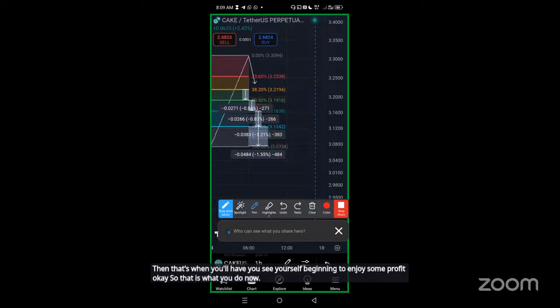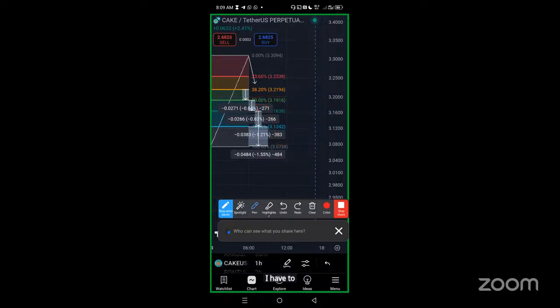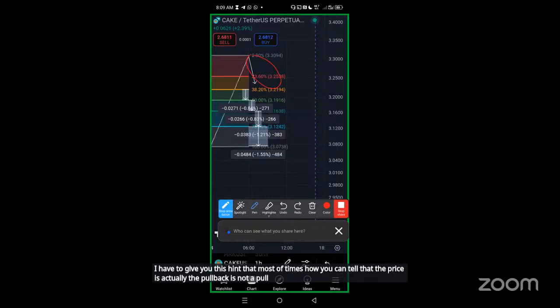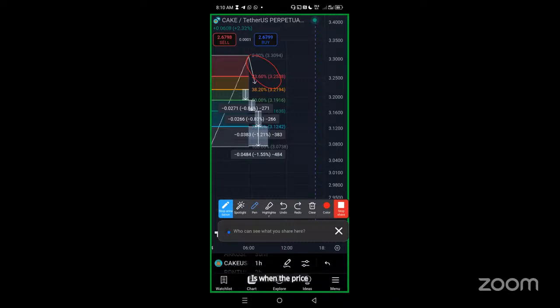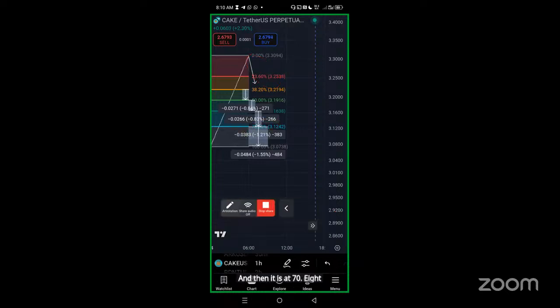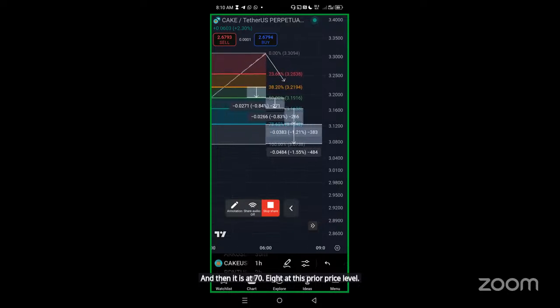Now, I have to give you this hint. Most of the time, how you can tell that the price is not a pullback intended for a retracement, but rather a reversal, is when the price comes and breaks completely below the 61.8, and then it is at 78.6%.